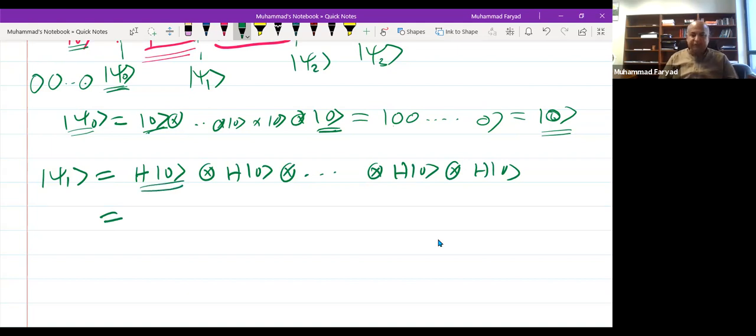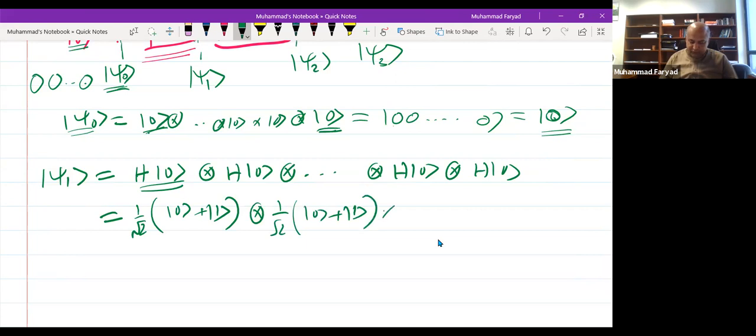So this is nothing but 1 over square root 2, 0 plus 1. Similarly, the next one, 1 over square root 2, 0 plus 1, 1 over square root 2, 0 plus 1, 1 over square root 2, 0 plus 1.